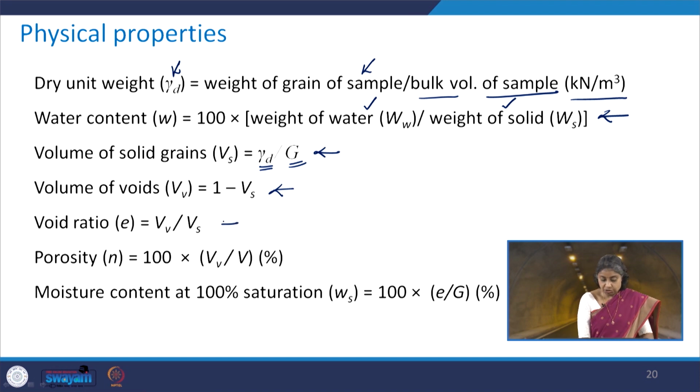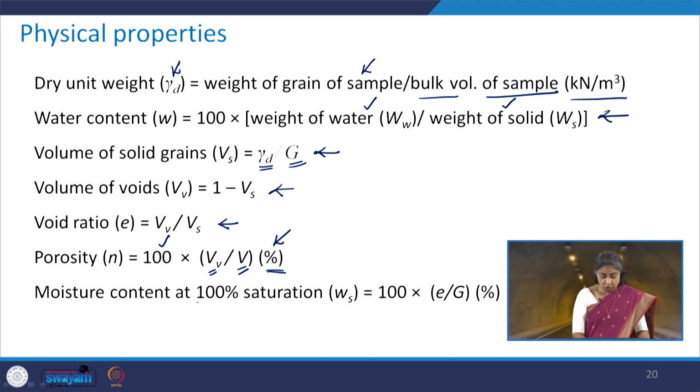Then void ratio is defined as volume of voids by volume of solids. Porosity, again represented in percentage, is defined as volume of voids by the total volume, and then you multiply that by 100 in order to represent it in percentage.